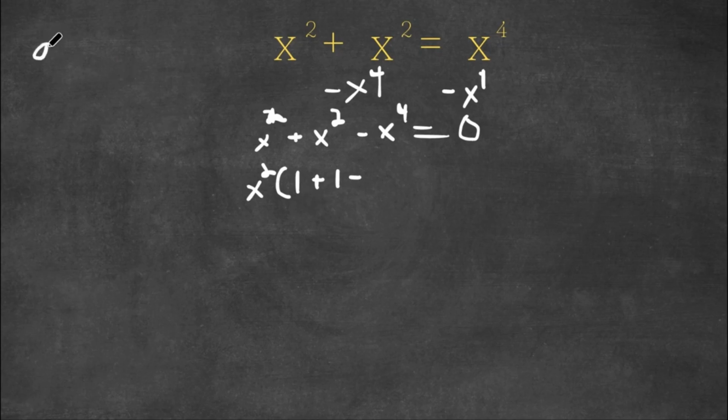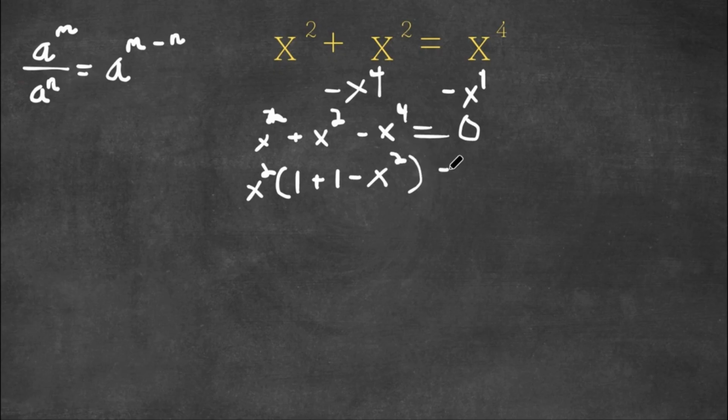Well, if we have something in the form a to the power of m over a to the power of n, this is equal to a to the power of m minus n. So x to the power 4 over x to the power of 2 is x to the power of 4 minus 2, and 4 minus 2 is 2. So this would be x squared. And this is equal to 0.